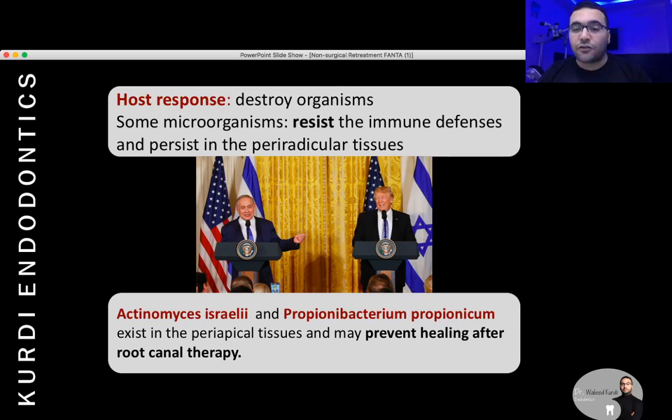These 2 kinds of bacteria prevent healing after the root canal therapy, and indeed they resist the immune defense and persist in the periapical or periradicular tissues, and always make it harder for any success.